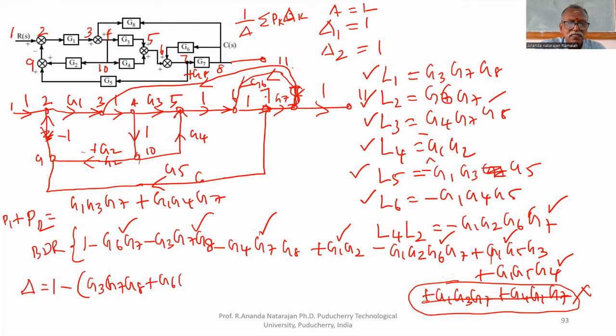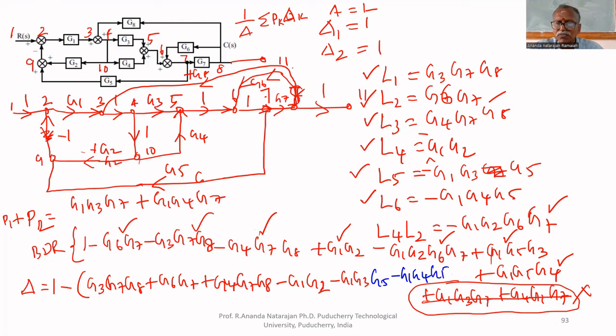That is G3, G7, G8 plus G6, G7 plus G4, G7, G8 minus G1, G2 minus G1, G3, G5 minus G1, G4, G5.